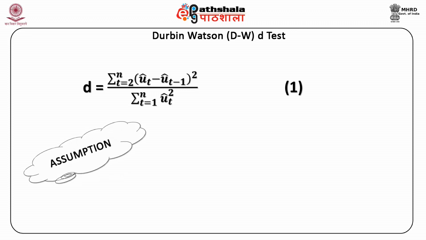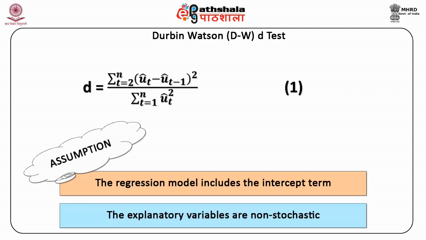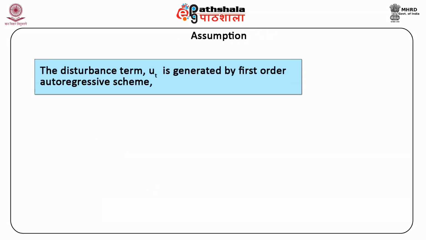The assumptions underlying the d statistic are as follows. First, the regression model includes the intercept term. The second assumption is that the explanatory variables are non-stochastic. The third assumption is that the disturbance term mu t is generated by the first order autoregressive scheme.